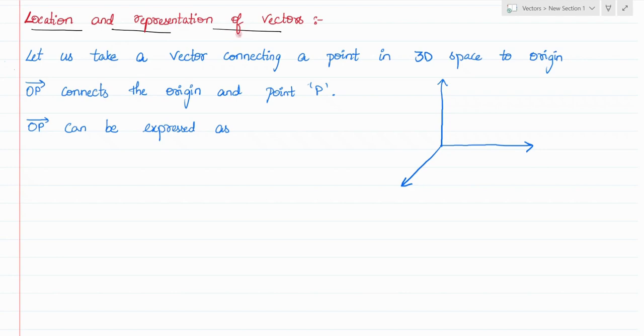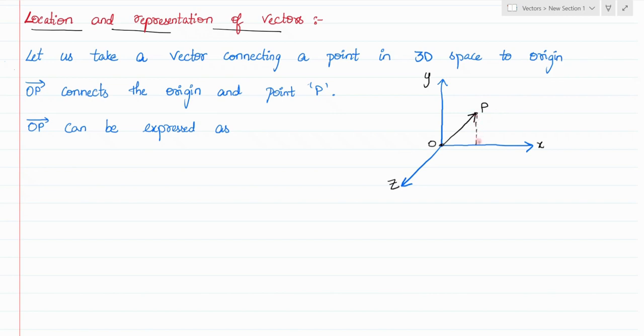Location and representation of vectors. How do we locate and represent a vector? Let us take a vector connecting a point in 3D space to the origin. Let P be a point somewhere over here, and this is the origin. This is the x-axis, y-axis and z-axis. So OP is the vector connecting O and P. O is nothing but the origin.